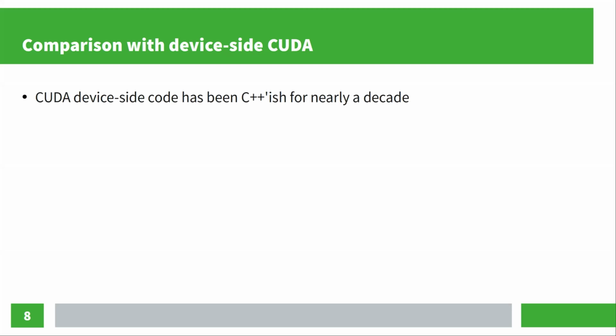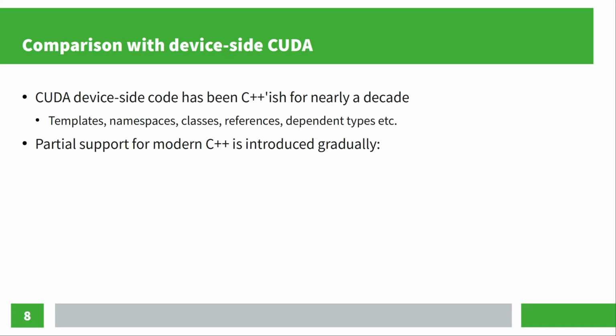When you're writing actual kernels, which we will not do at all today, then CUDA has been catching up to modern C++ over the past decade. It's very common to see use of templates, namespaces, classes, references, and even more modern versions of the C++ standard are gradually being supported.